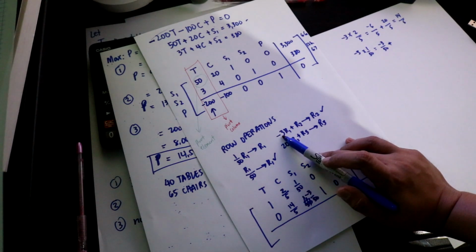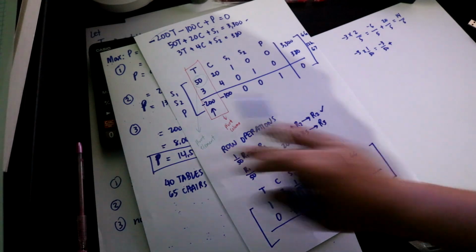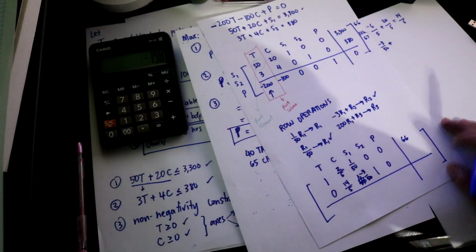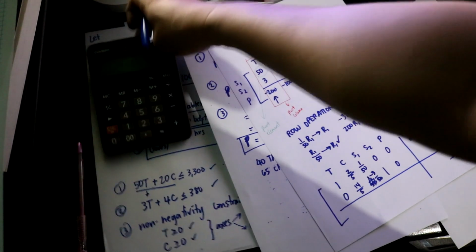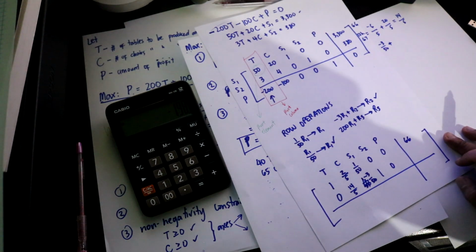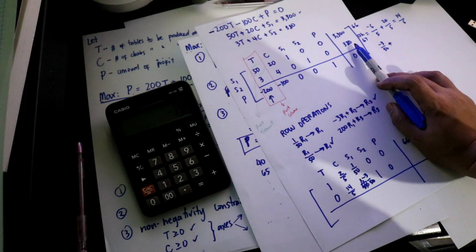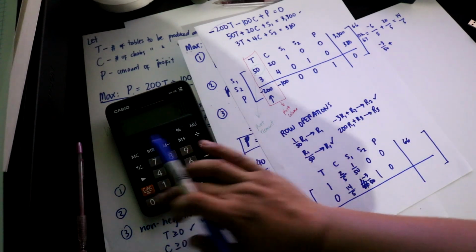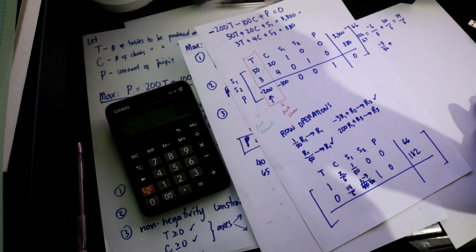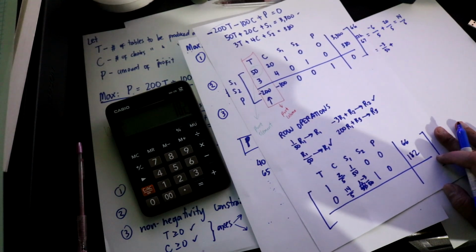Negative 3 times 66 is negative 198. Plus 380, that would be 182. So we're done with our second row operations.